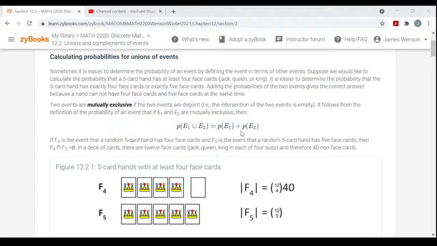Again, that would simply be because the cardinality of E1 union E2 would be the cardinality of E1 plus the cardinality of E2, and then all that would be divided by the cardinality of the sample space. So you get the sum of the probabilities equals the probability of the union.